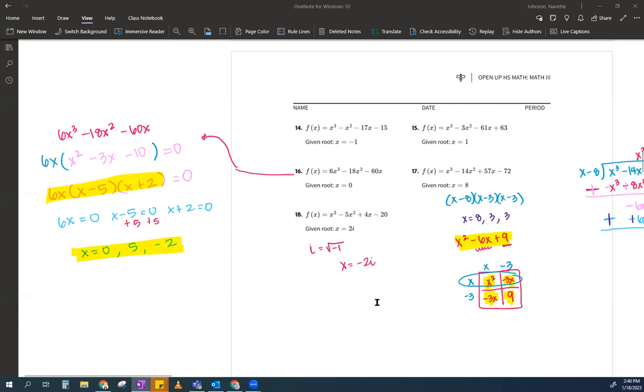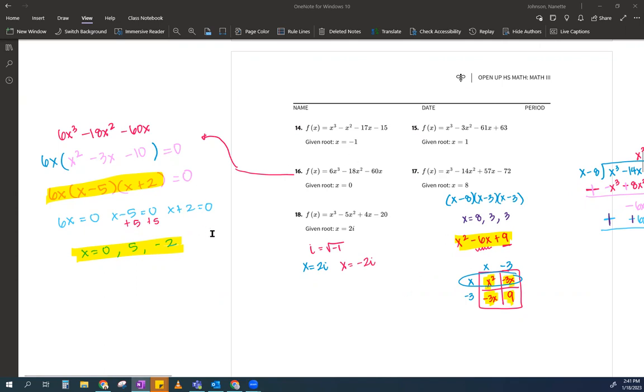Okay, so let's practice. If I know that x equals 2i is my root and x equals -2i is my root, what are their factors? If x equals 2i is my root, then what is its factor? It's still the same, I promise.